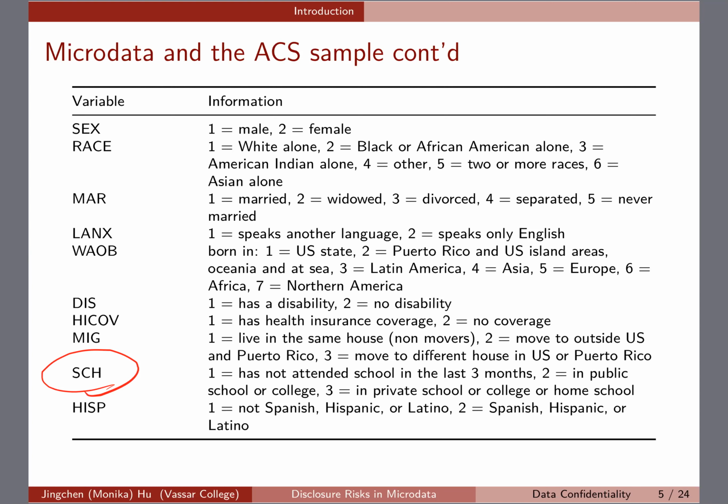So people's status in categories of variables like this might change dramatically, even from one year to another, or even from one month to another. So if you have wrong information to start with and you're trying to use that to do some kind of matching and find out the identity, I guess you're doomed to lose for sure.